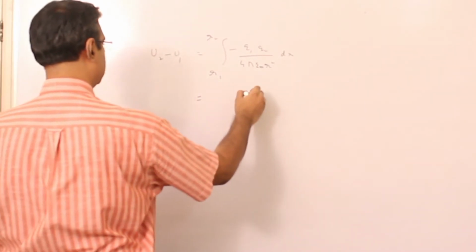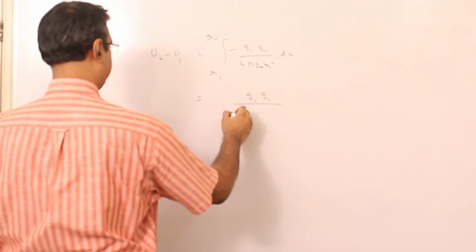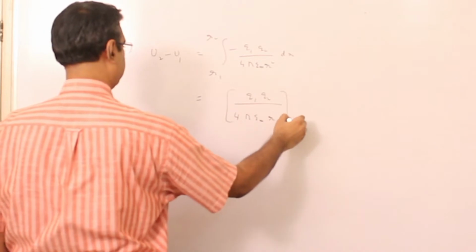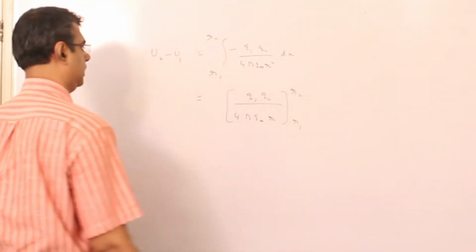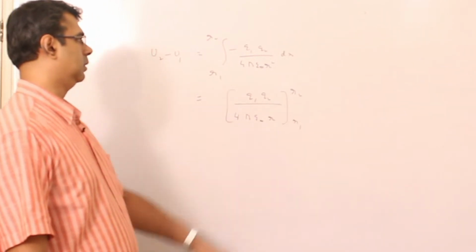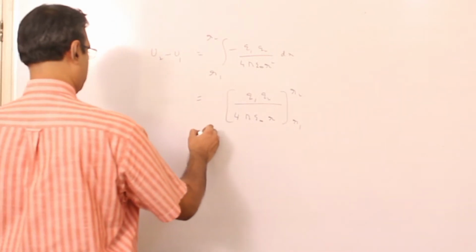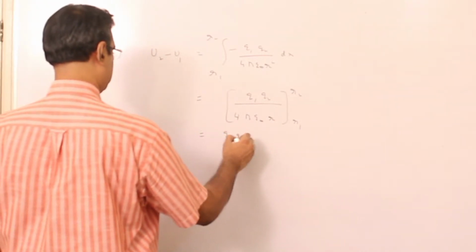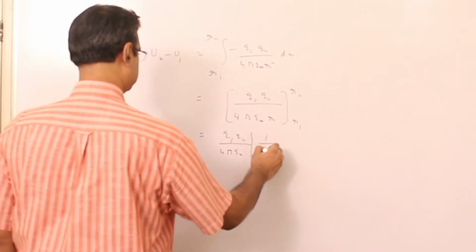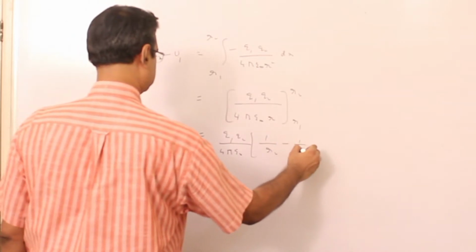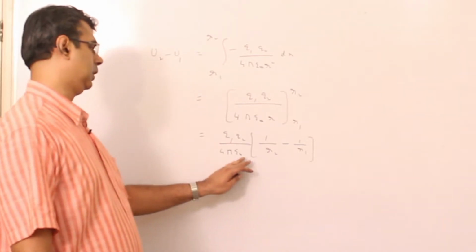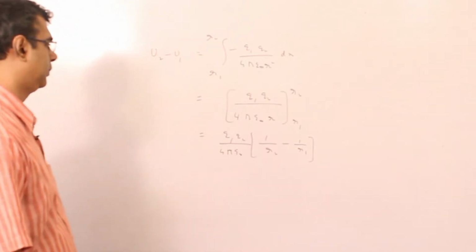Now you know that the result of this integration is Q1 Q2 by 4 pi epsilon naught r from R1 to R2, and once you apply the limits, you will get Q1 Q2 by 4 pi epsilon naught into 1 by R2 minus 1 by R1.